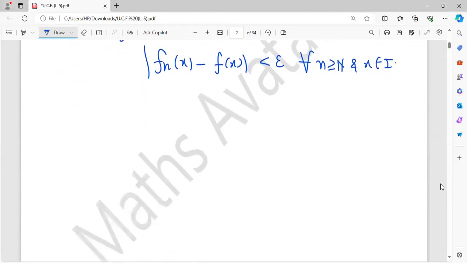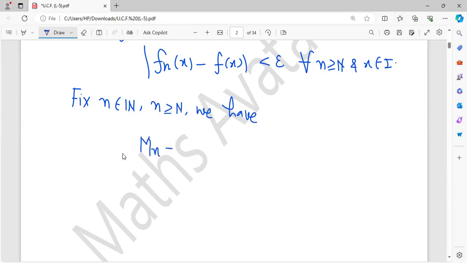Now fix n greater than or equal to N. We have Mn equal to the supremum over x in I of |Fn(x) minus F(x)|.